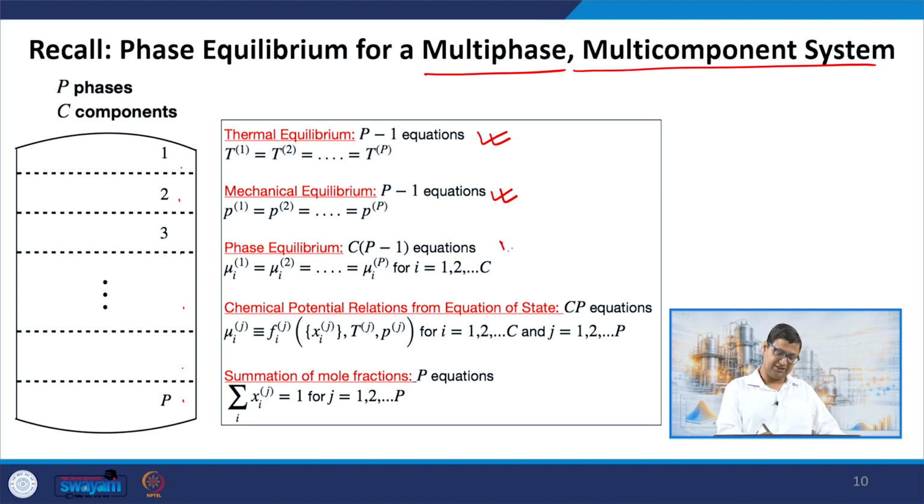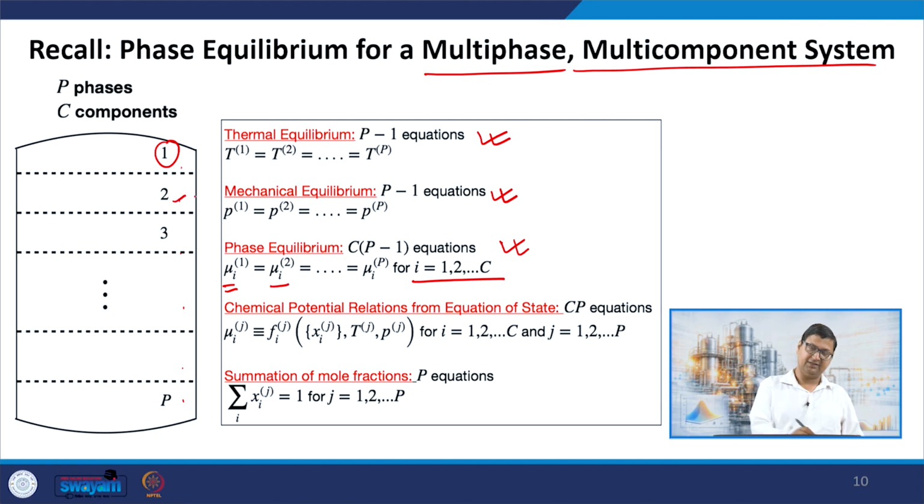And the third condition, that is the most important condition, is the phase equilibrium condition, that says that the chemical potential of every component in all the phases are also equal, right? So for components i going from 1 to C, the chemical potential of i in phase 1 is equal to the chemical potential of i in phase 2, and that is equal to the chemical potential of i in phase P. And finally, we have discussed that for chemical potentials, we need to have some sort of a relation coming from an equation of state.